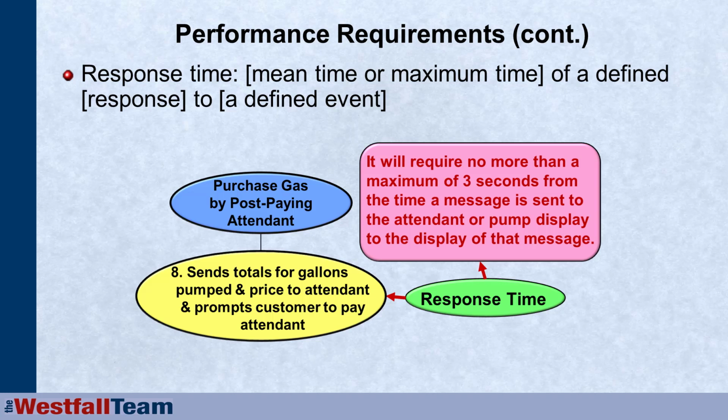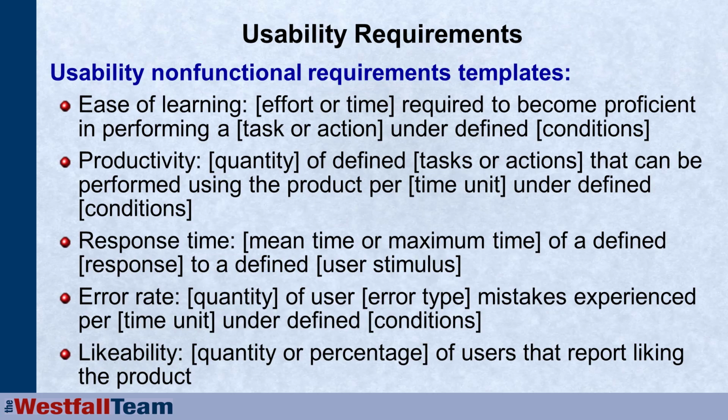Now, usability requirements, examples of templates here, we can talk about the ease of learning, how much time or effort. It might be no more than a 2-week class or no more than 40 hours of training required to become proficient in a particular task or action, i.e. to be able to do all of the reporting out of the gas pay system, or to be able to be an attendant and adequately run the system, and again, under normal defined conditions.